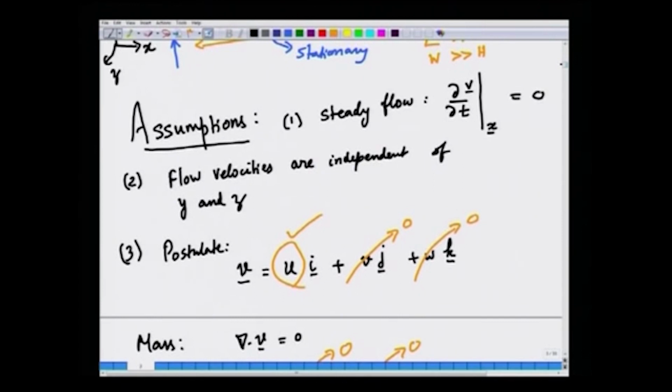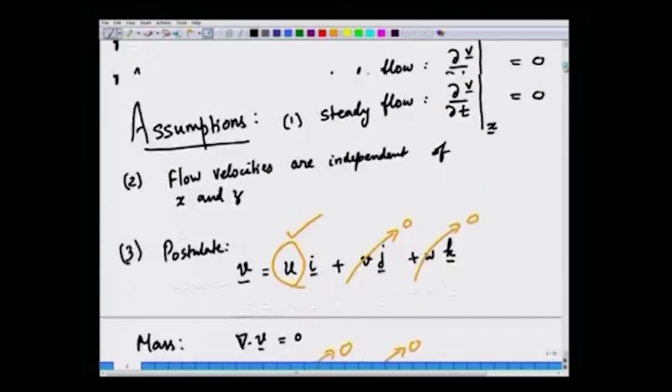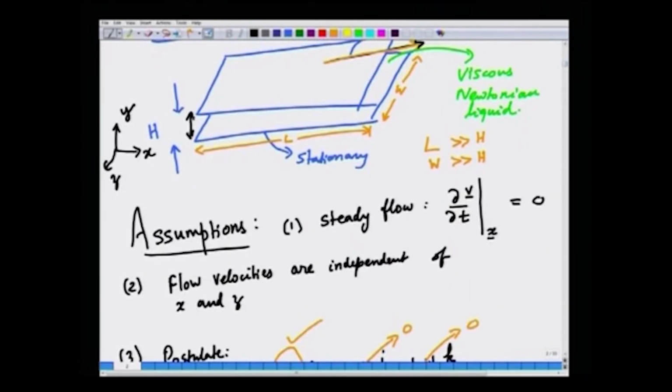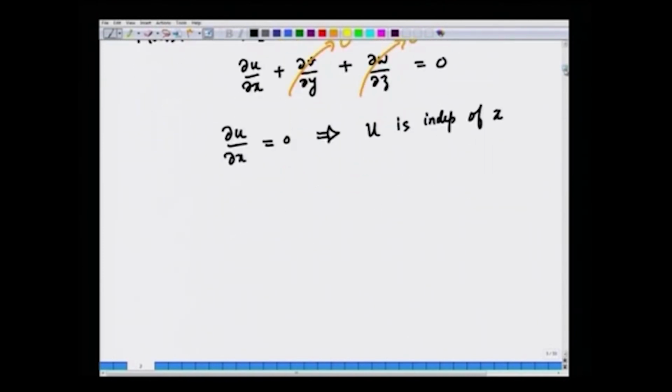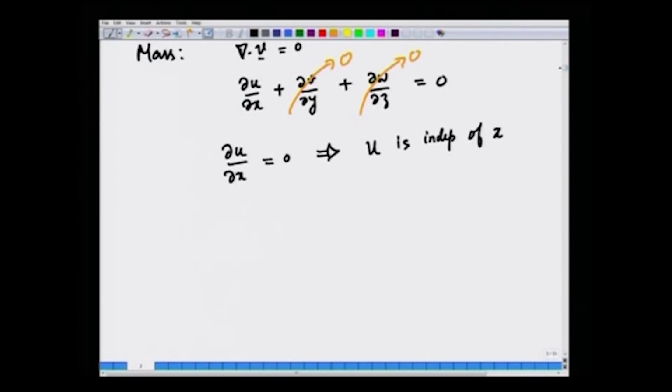I am sorry, flow velocities are independent of x and z here, because the direction along x is long and the direction along z is long. The direction along y is a smaller dimension, so that we cannot assume. This is consistent with our assumption that u is independent of x. It merely confirms that our assumption is consistent with the mass conservation equation, and this is the only information that we will get from the mass conservation equation. Now, we will look at the momentum equation.